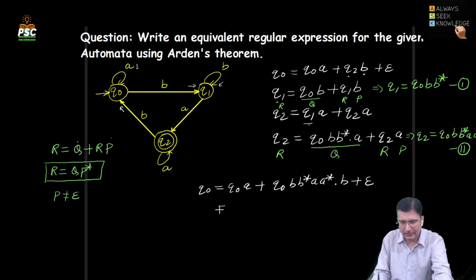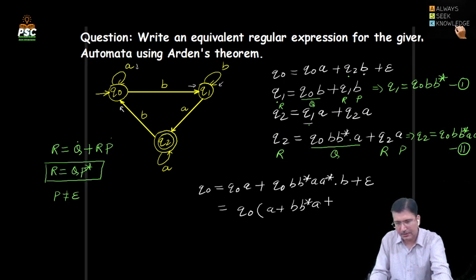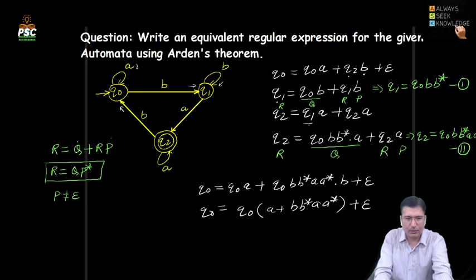So what exactly will we get here? If we take this Q0 as common, then we will get A plus Q0 B asterisk A asterisk, plus epsilon. Okay. So if we want to apply Arden's on this, Q0 will start representing R.